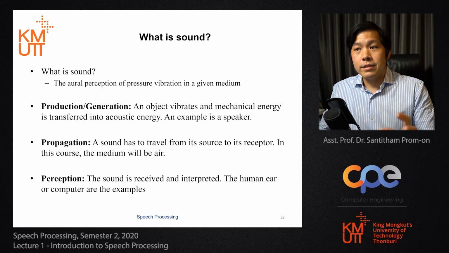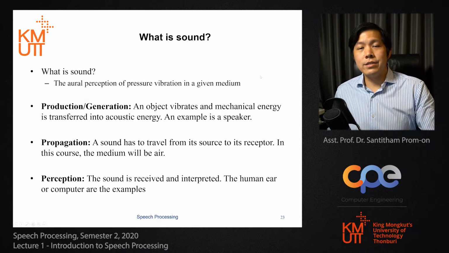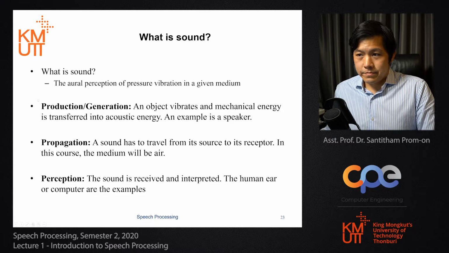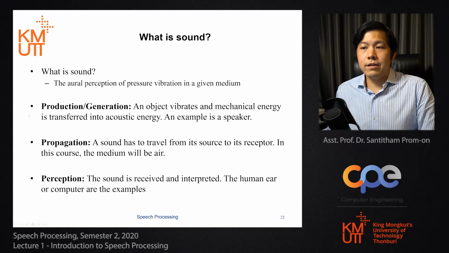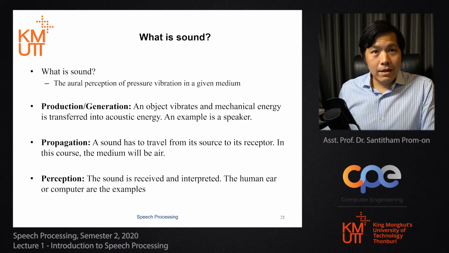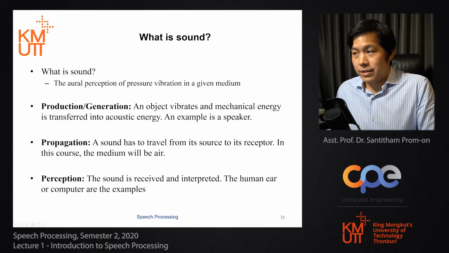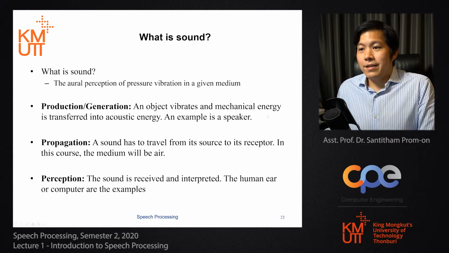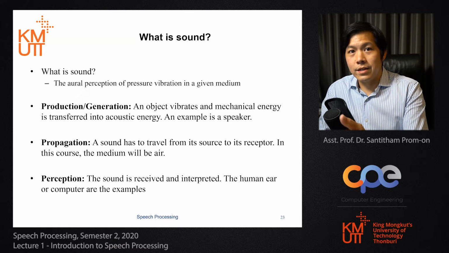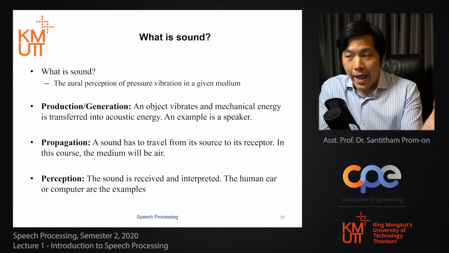So sound has to travel through certain mediums, and because it has to travel from one place to another, it needs to have a production source or generation source. Sound is generated from a vibrating object, and the mechanical energy of the vibration is transferred to the medium, like water or air.